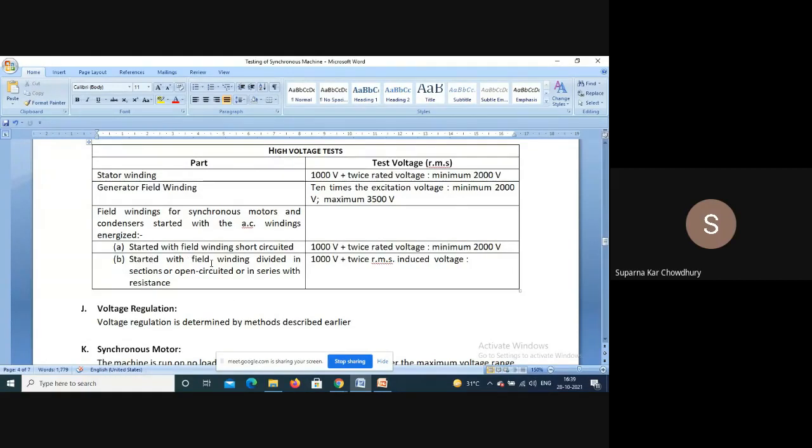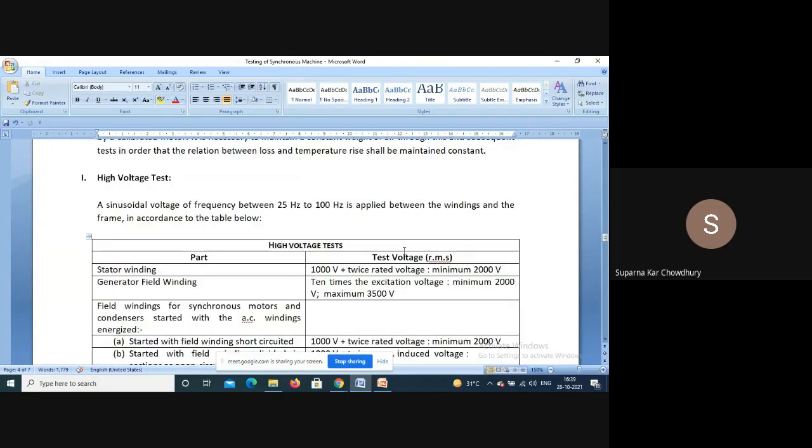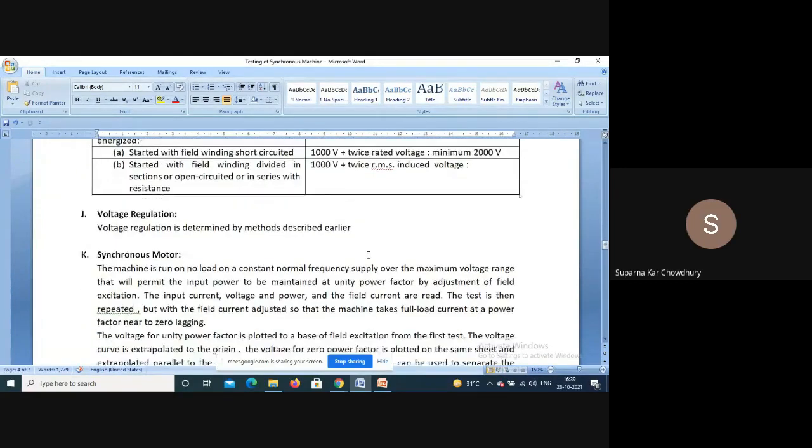And if the motor is started with the winding divided in sections, then the voltage is 1000 volt plus twice the RMS induced voltage. So these are the voltages the machine should be able to withstand.